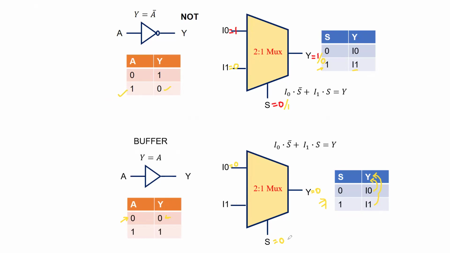Let me write here properly. When S is equal to logic 1, I set I1 equal to 1 so that I1 gets connected to the output and Y equals 1. So this is basically mimicking the logic function of a buffer.